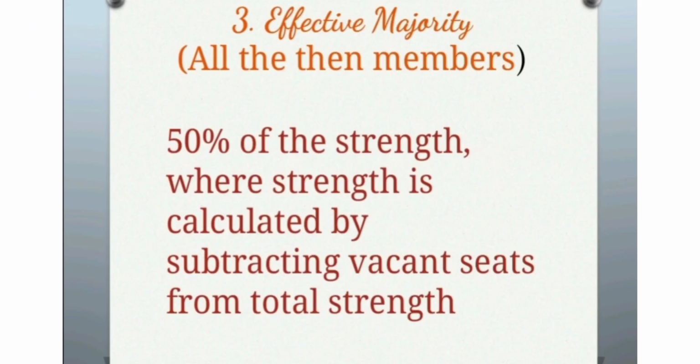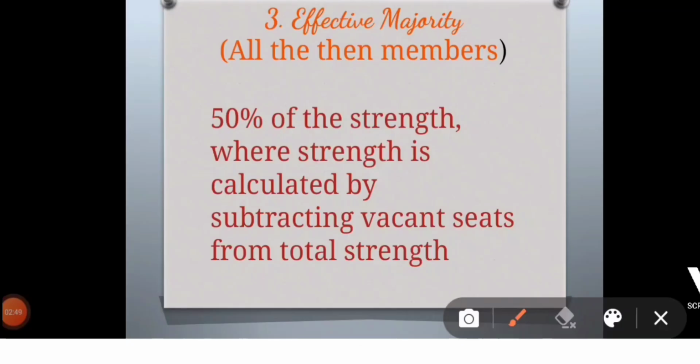Next is effective majority. Effective majority of house means more than 50% of the effective strength of the house. This implies that out of the total strength, we deduct the absent and vacant seats. Let's make it more clear.